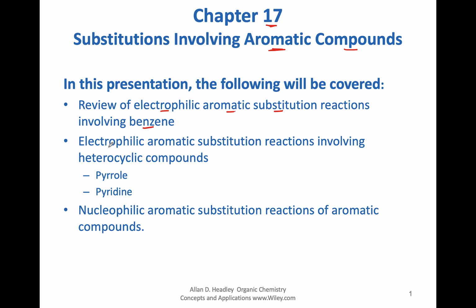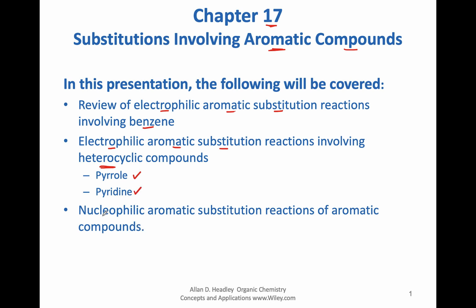Next, we look at electrophilic aromatic substitution, this time involving heteroatoms. So there will be other atoms, not including carbon and hydrogen. In particular, we look at those that have nitrogen, pyrrole and pyridine.